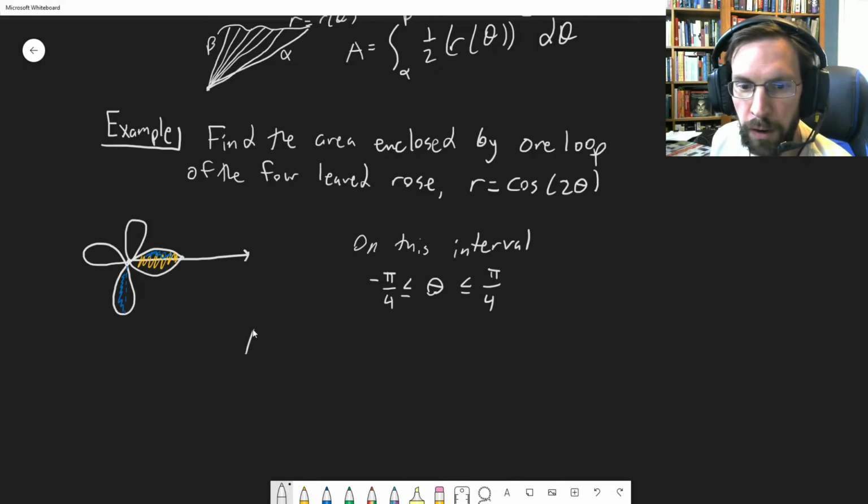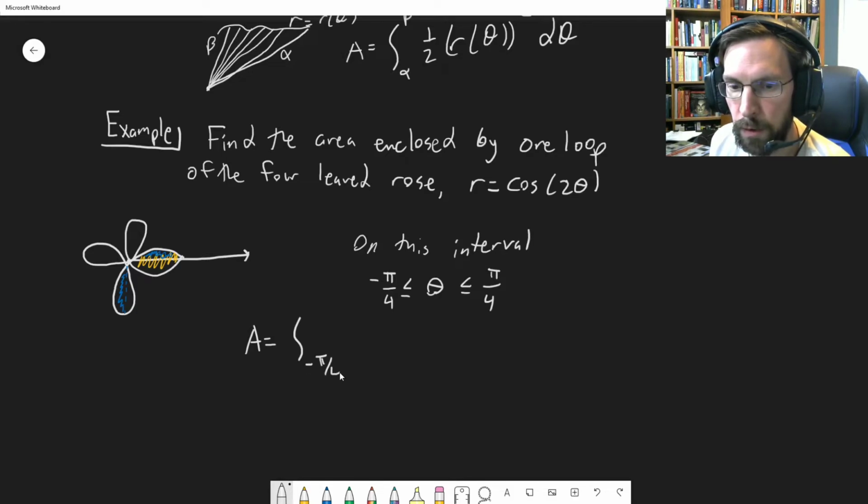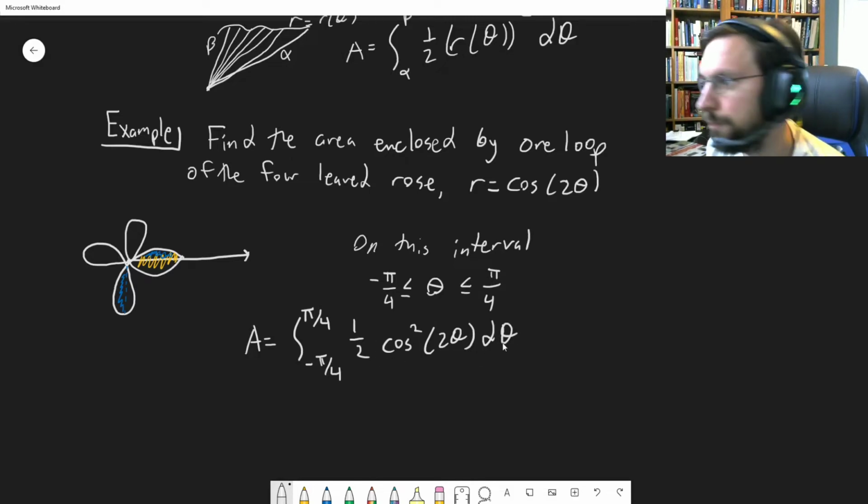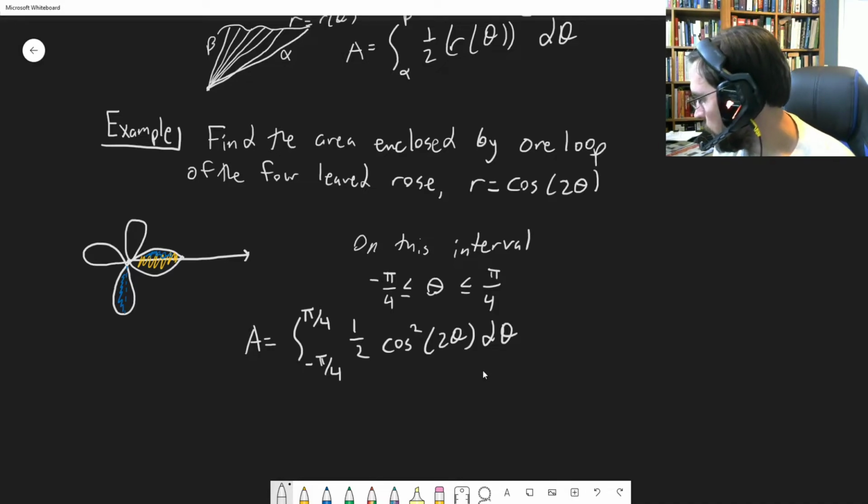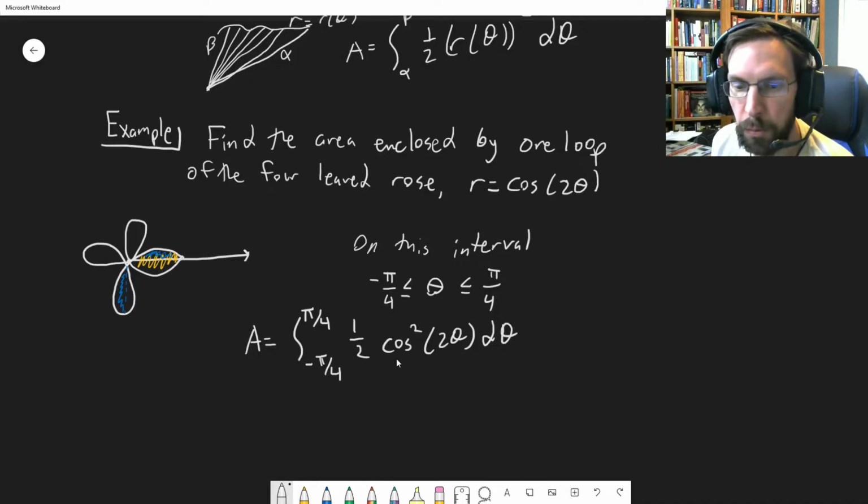Our area enclosed by this curve is going to be the integral from negative pi over 4 to pi over 4 of 1/2 cosine squared 2 theta d theta. We can quickly pull out that 1/2.